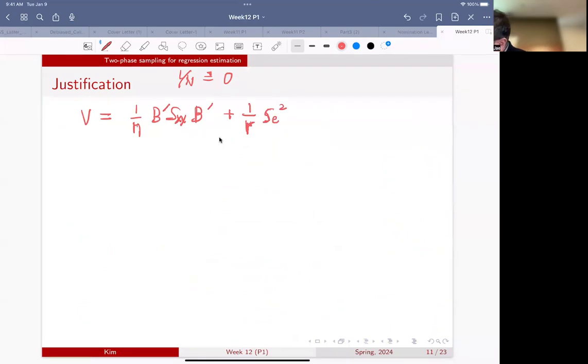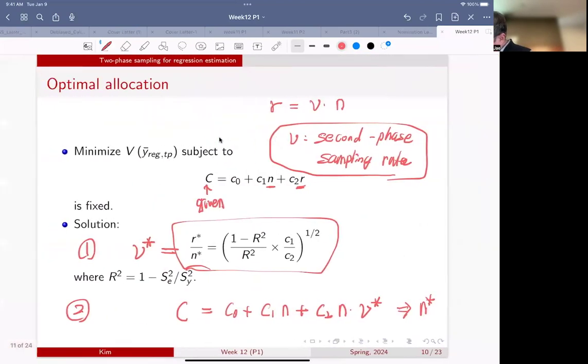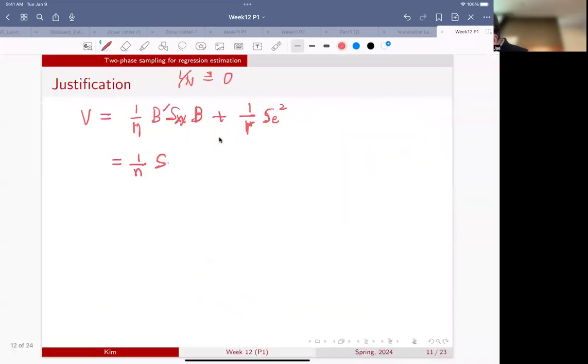Not b prime, plus. And then you can even use the r square.